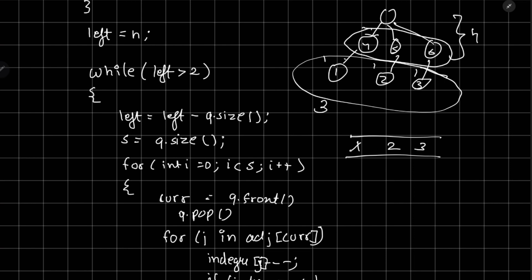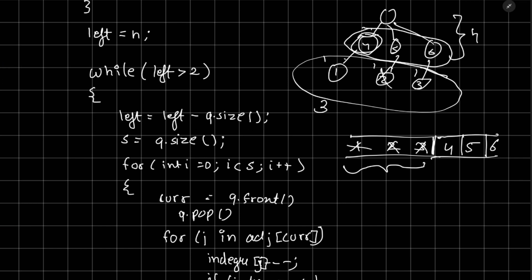Then when we popped 1, element 4 had its in degree becoming 1, so it was pushed into the queue. Then similarly this was popped and 5 was pushed into the queue, and when 3 was popped, 6 was pushed into the queue. And we have popped only 3 elements because our initial size of the queue, or this batch, was 3.